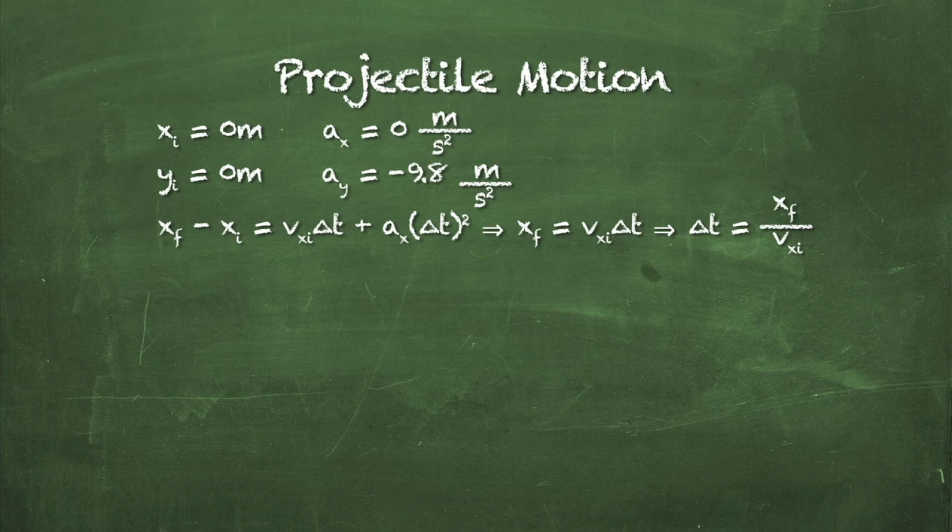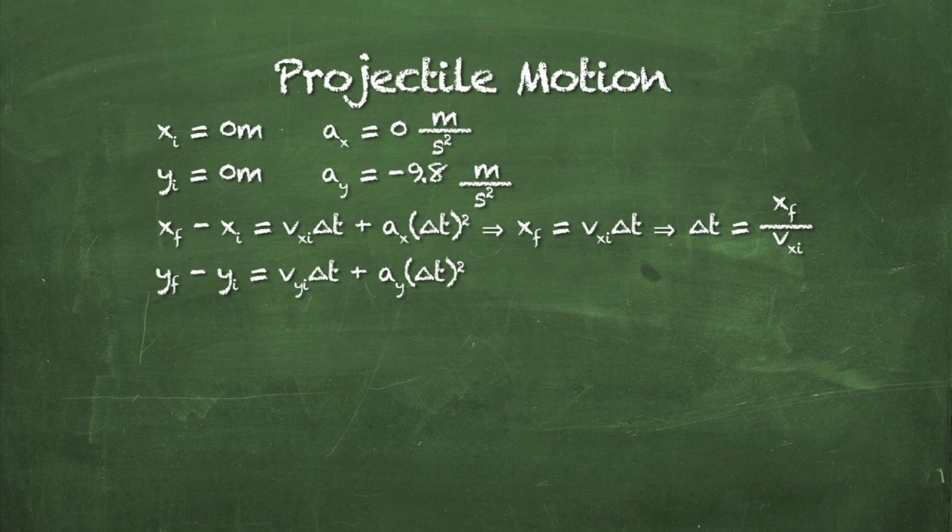Let's use the same equation in y. Y final minus y initial equals Vy initial times the change in time plus one half Ay times the change in time squared. And into our y equation, we're going to put in that y initial is 0, that the change in time is x final divided by Vx initial, and also that the acceleration in the y direction is minus 9.8 meters per second squared.